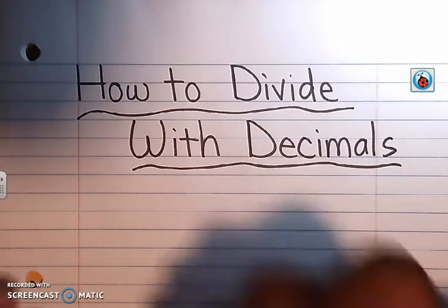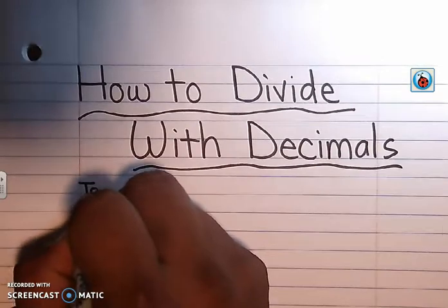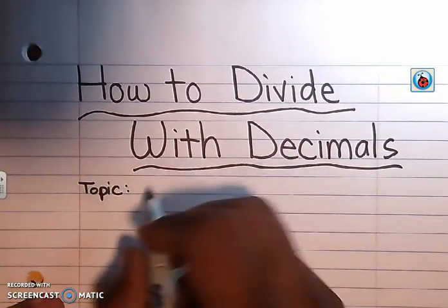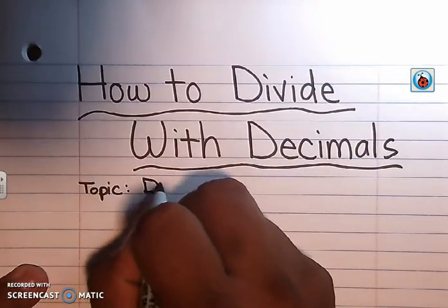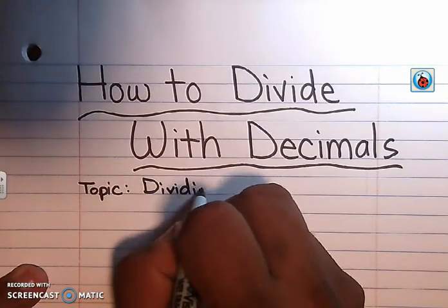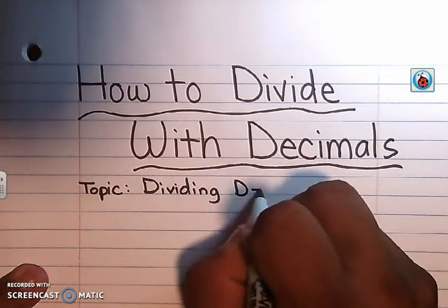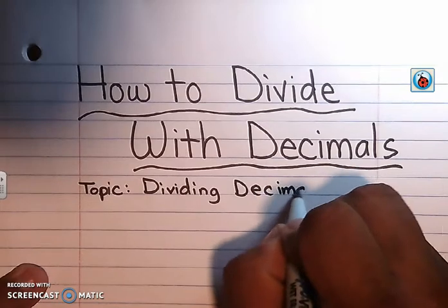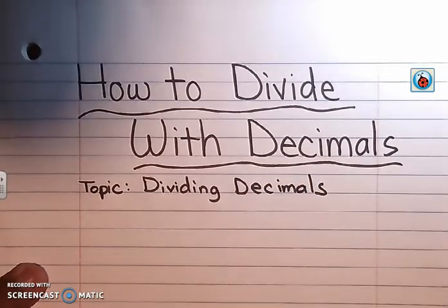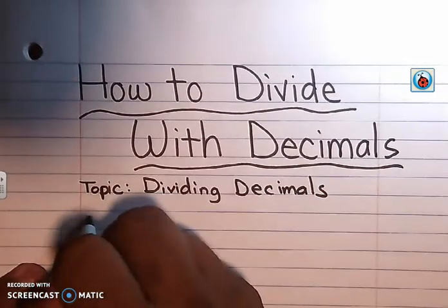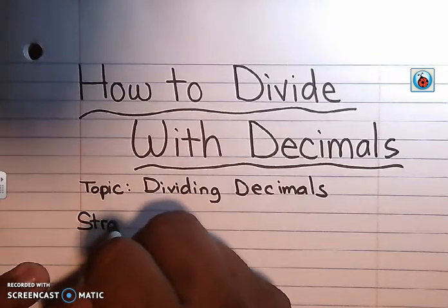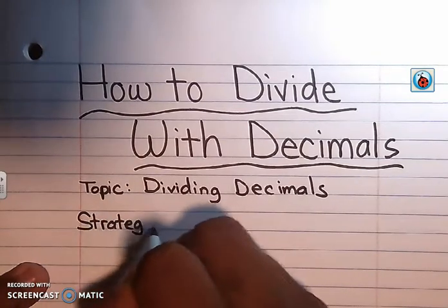So with word problems, the topic is going to be called dividing decimals. And this strategy is going to be completely different than the strategy of multiplying decimals.